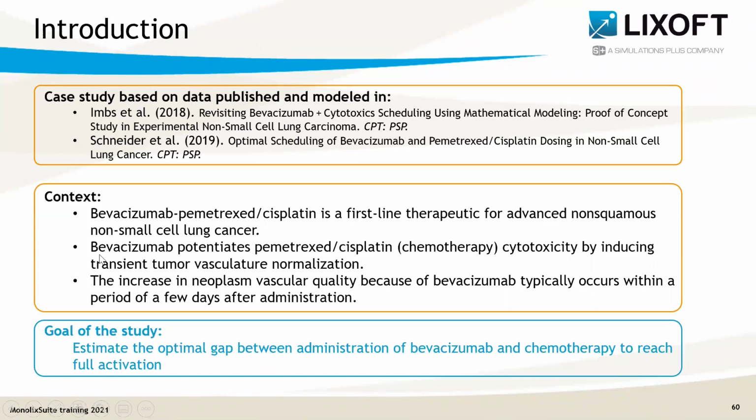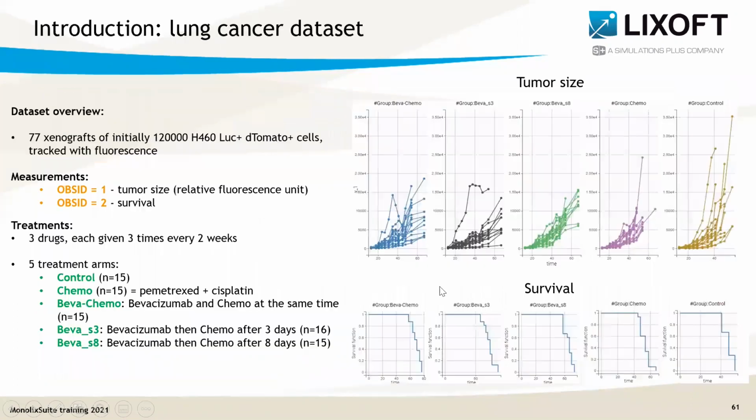And the action of bevacizumab is to potentiate the cytotoxicity of chemotherapy by inducing transient tumor vasculature normalization. But this occurs with a delay, so within a period of a few days after the administration of bevacizumab. So the goal of the study was to estimate the optimal gap between the administration of bevacizumab and chemotherapy to reach the full activation.